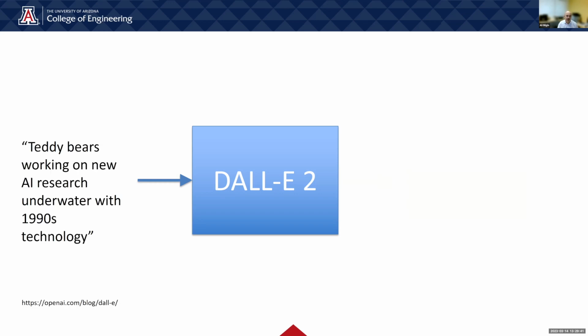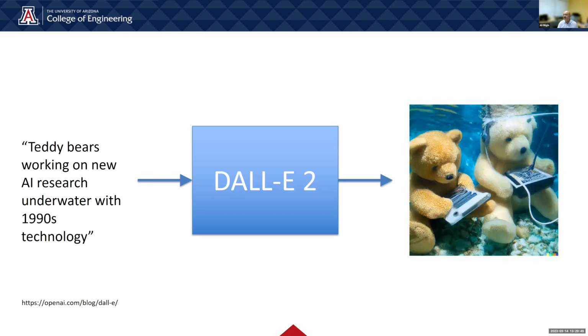So here are some quick examples. Teddy bears working on new AI research underwater with 1990s technology. The model produces this. It's pretty amazing. You see all the components in the text in that image. There are teddy bears, they're underwater, they are using what appears to be old technology, and so on.